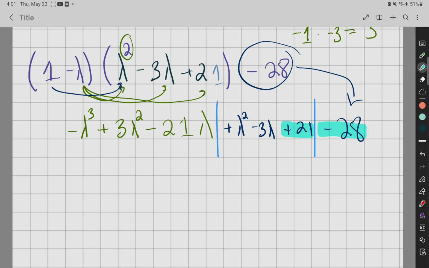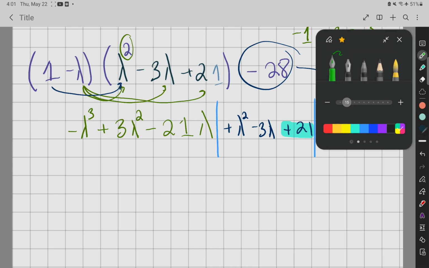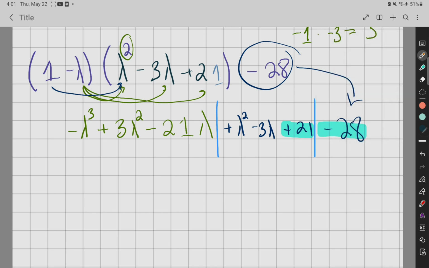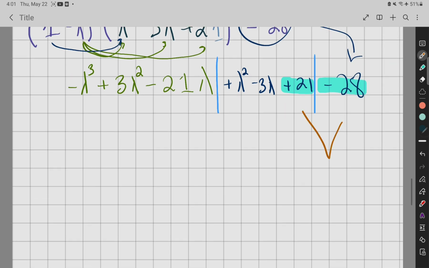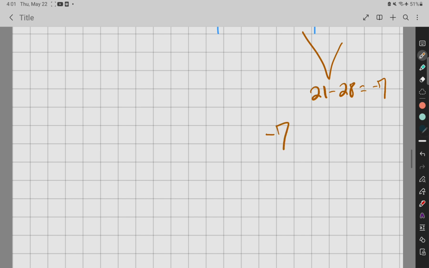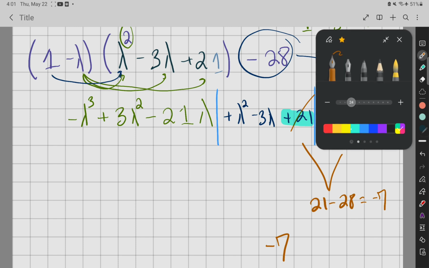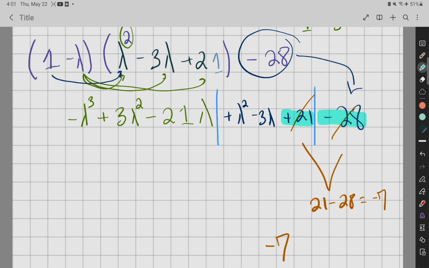I think it's very simple. And then I gradually keep on getting it larger and larger. So this is 21 minus 28, which is minus 7. So minus 7 will go here. Boom, we're done with that. I like to cross it out too, so you don't start adding and subtracting this, that, and the third.